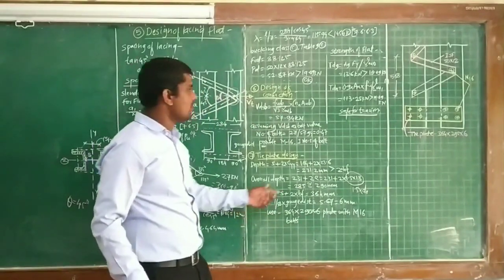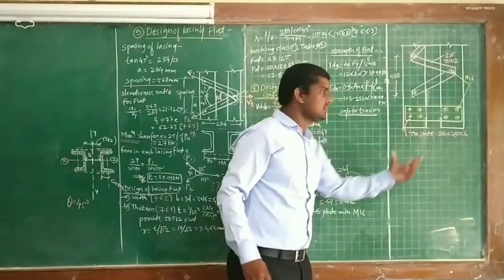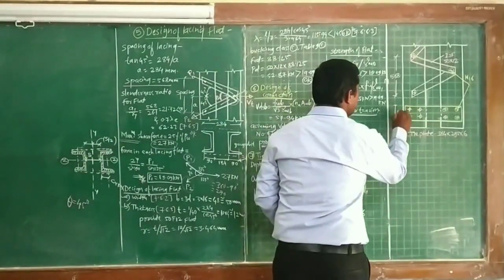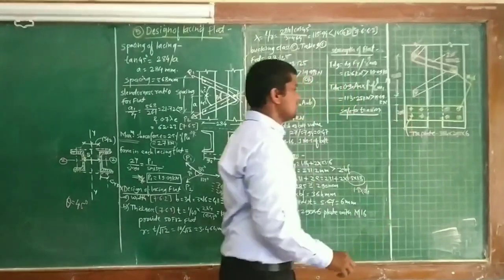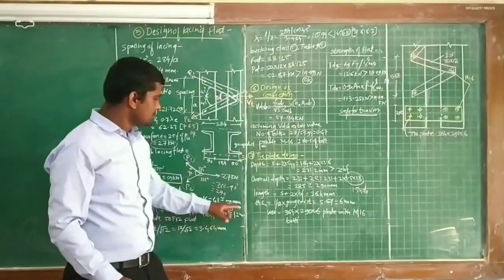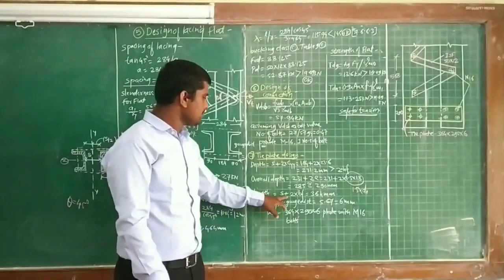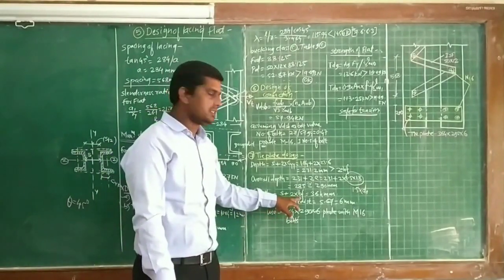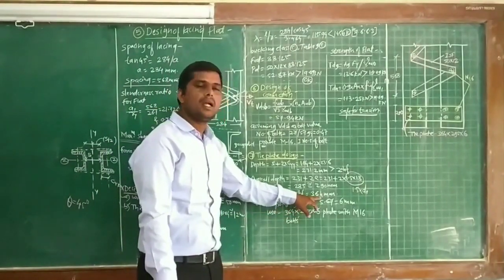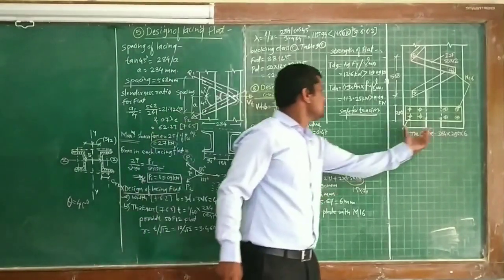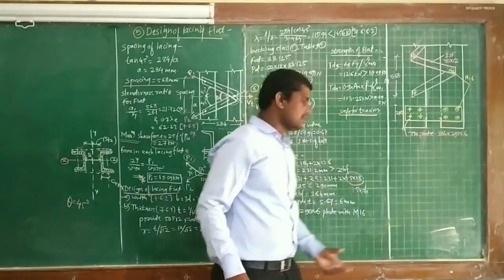Then the length, what should be the length for this tie plate? So length is equal to spacing plus twice the width of flange. So the answer will be 364 mm as the length of this tie plate.